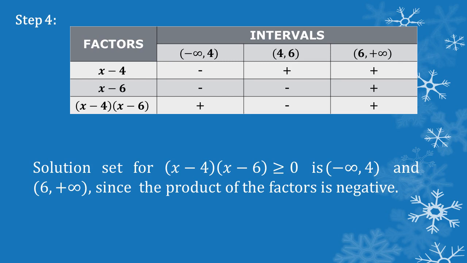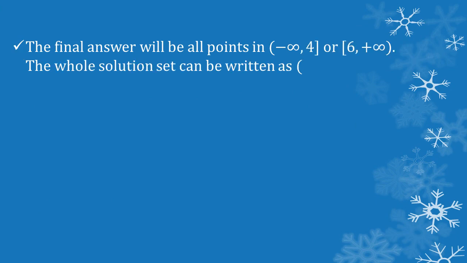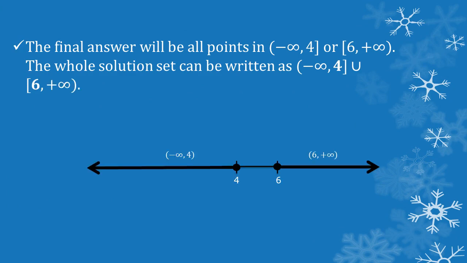We use the table of signs to know what interval to use in the graph. So the final answer will be all points in negative infinity and 4, or 6 and positive infinity. So the whole solution set can be written as the union of negative infinity and 4, and 6 and positive infinity.